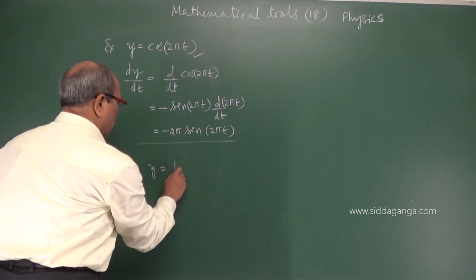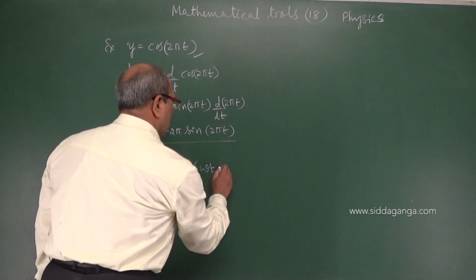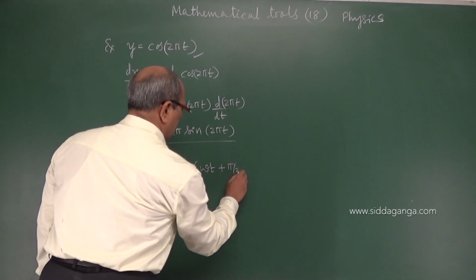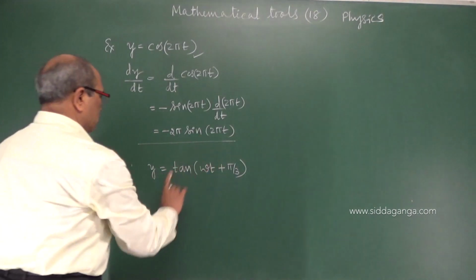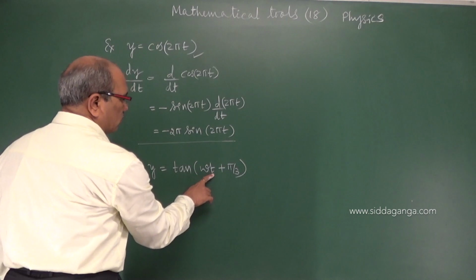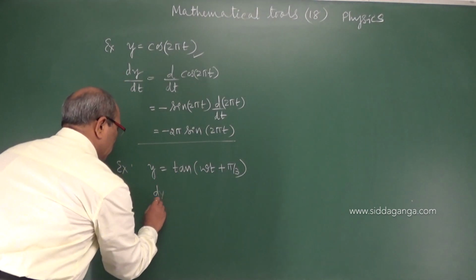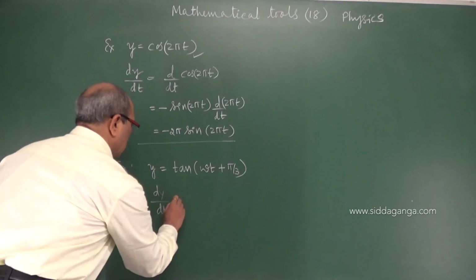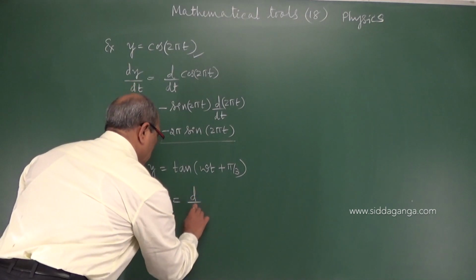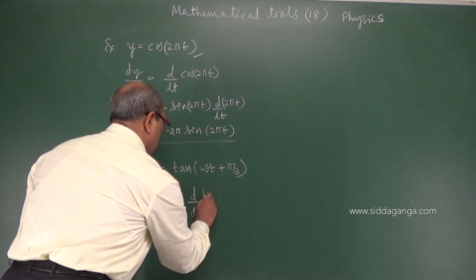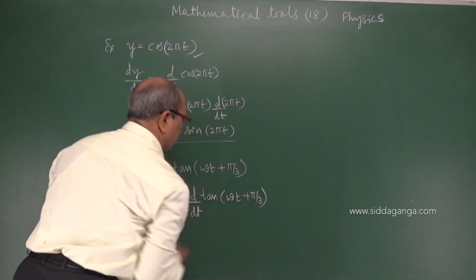Y is equal to tan omega t plus pi by 3. Omega is a constant, t is the variable, pi by 3 is constant. For the tan function, dy by dt equals d by dt of tan omega t plus pi by 3.